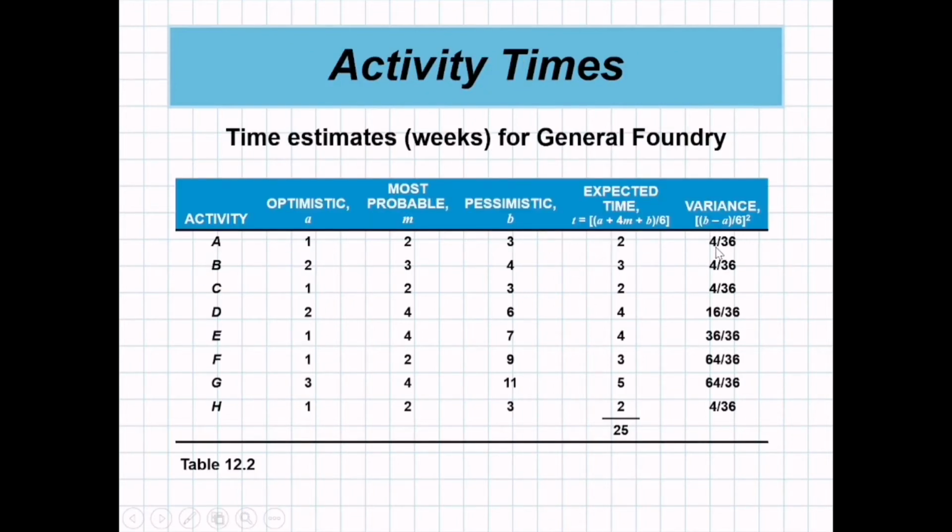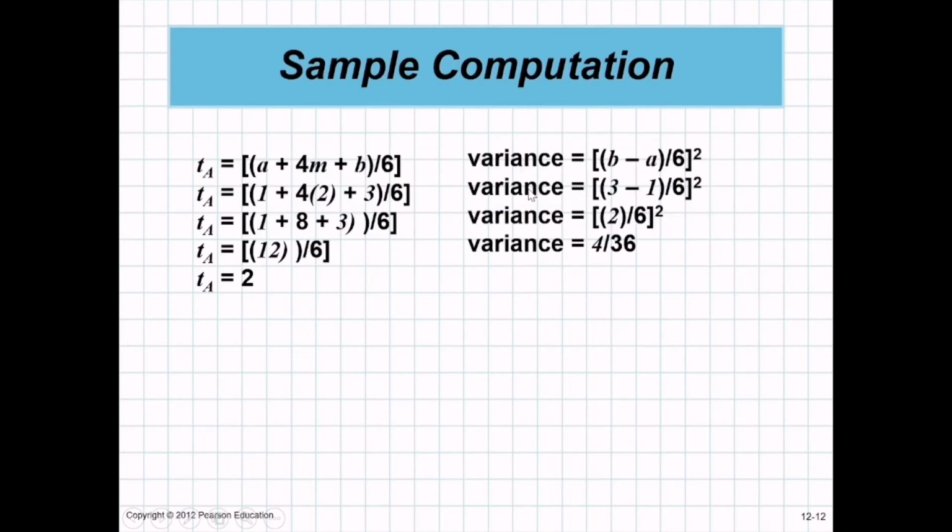Now we will calculate the variance. Variance is equal to ((B minus A) all over 6) raised to 2. We know that A is 1, M is 2, and B is 3. So we have B is 3 minus A is 1. So 3 minus 1, this is 2 all over 6, and then raised to 2. 2 times 2 is 4 and 6 times 6 is 36.